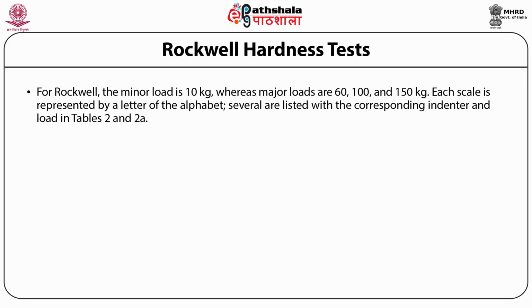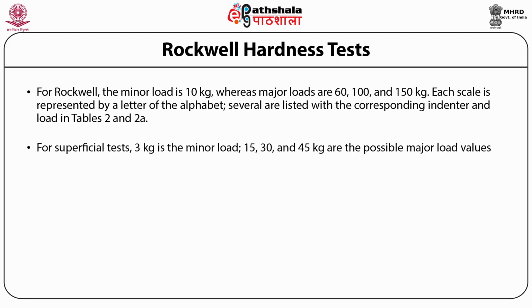Each scale is represented by a letter of the alphabet. Several are listed with the corresponding indenter and load in tables 2 and 2a, which are given below. For superficial tests, 3 kg is the minor load, and 15, 30 and 45 kilograms are the possible major load values.